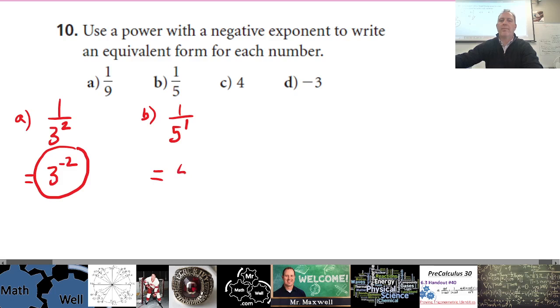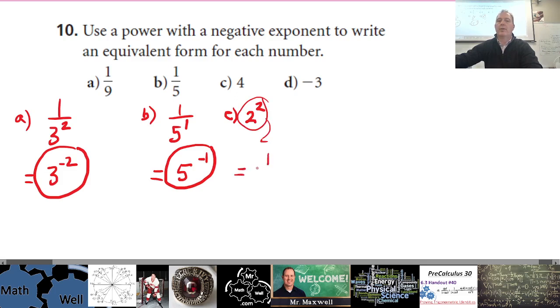It would be what? 5 to the negative 1. Good. Okay, so 4 is equal to 2 squared. And if I wanted to write that as a negative exponent, I would have to take this power down to the denominator. 1 over 2 to the negative 2.